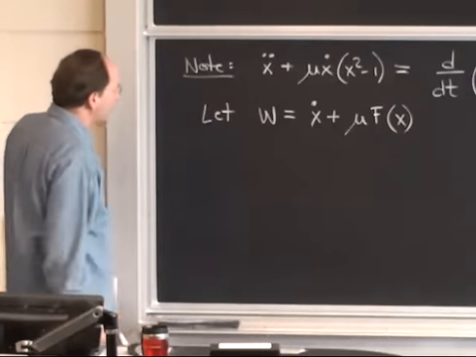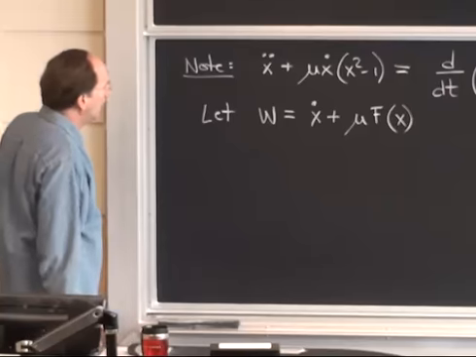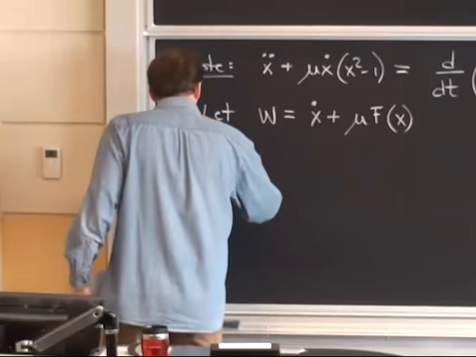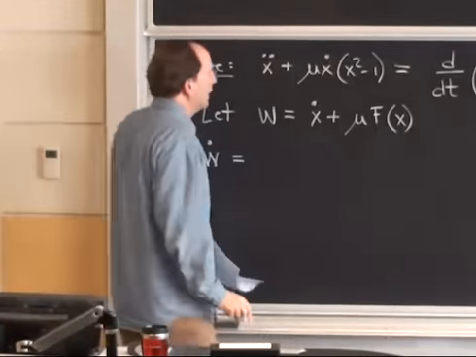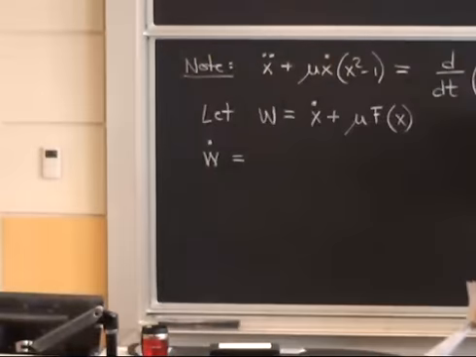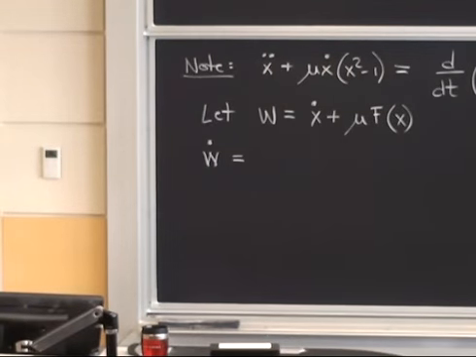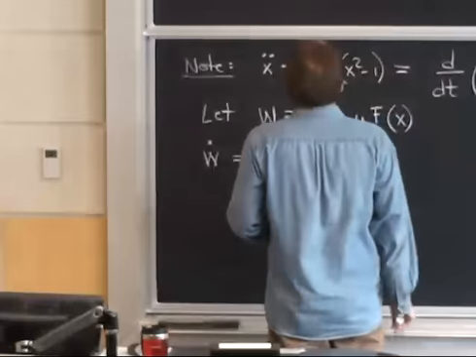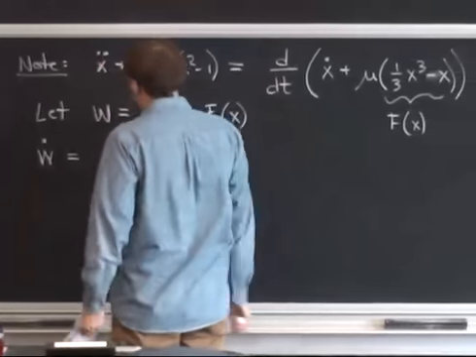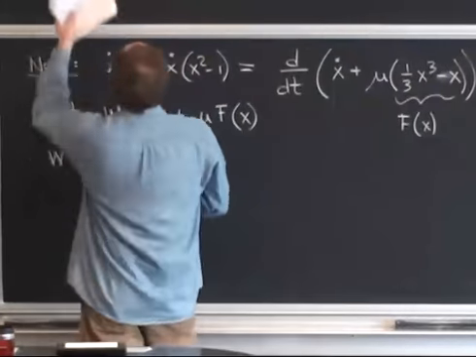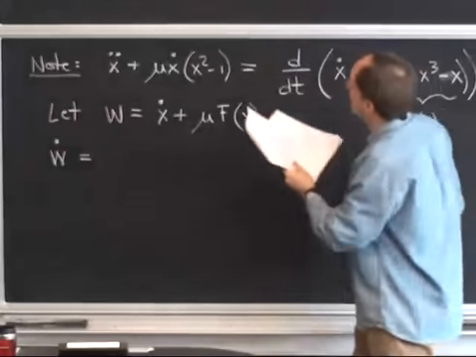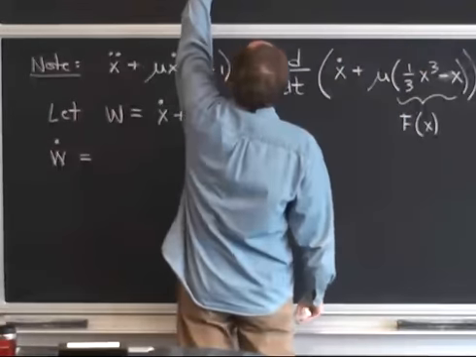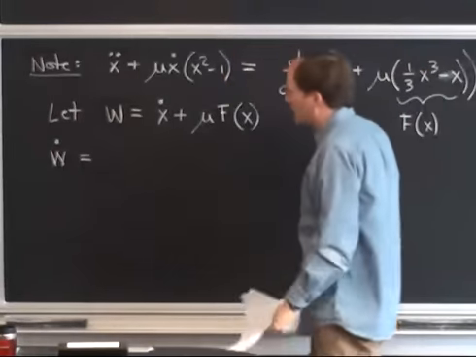Anyway, with this change of variables, what is w dot? This whole expression in here is w. So if you look at the van der Pol equation, it says that the first two terms, which is this d dt of w, equal negative x if I take the x to the other side.